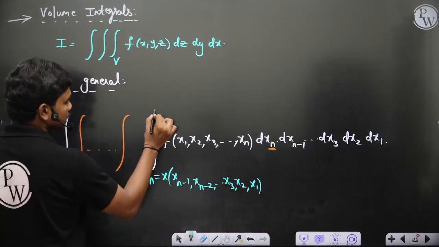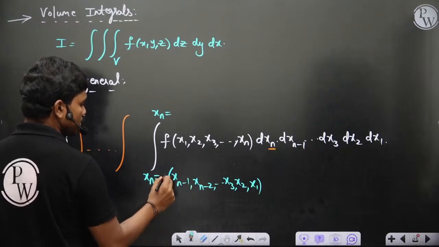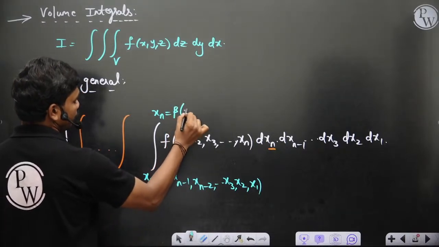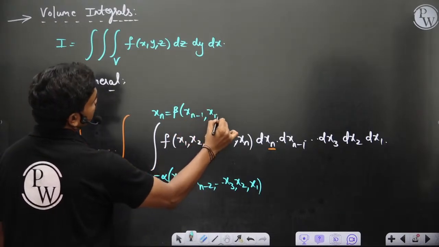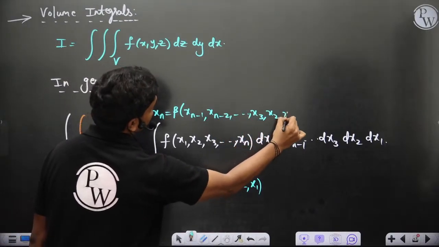Similarly here, this xn is some other function, say this is alpha function maybe, and this is some function beta of xn minus 1, xn minus 2, and so on, x3, x2, x1. So this is what you have.